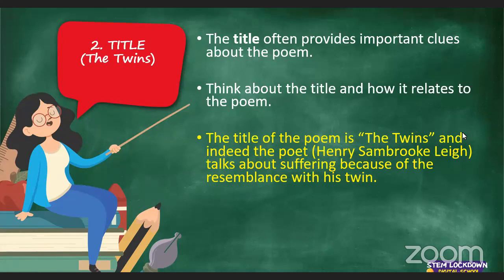It's not always the case though. In other poems, the title comes from the message that is being conveyed, okay? But with this specific poem, the title was exactly about what you were going to read about, which was the twins, right?